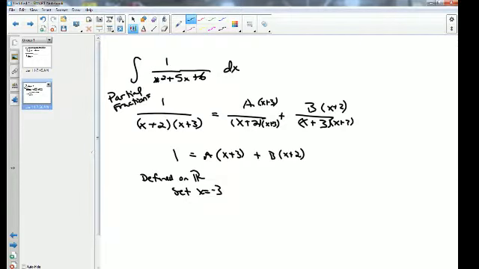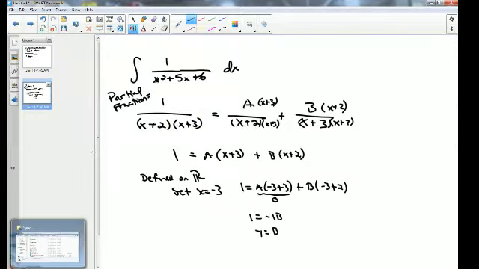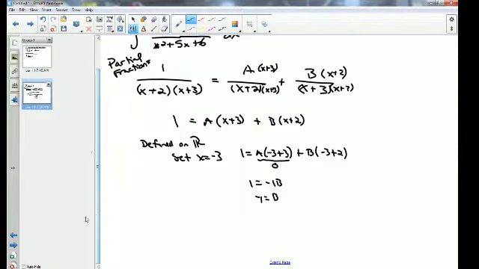Plug it in and solve for b. Because now a is 0, right? 0 times a. So this is eliminated. So we have 1 equals negative 1 b. So b is negative 1, right? All right, so now we have our b value. Following?